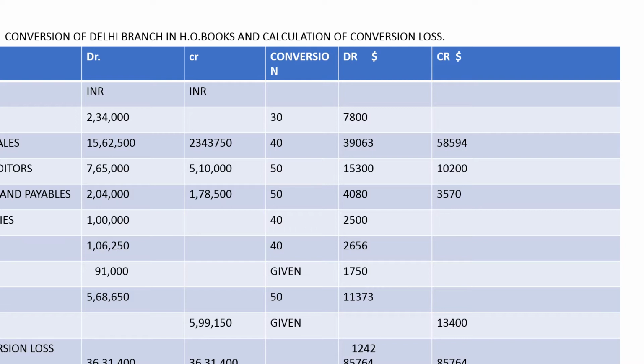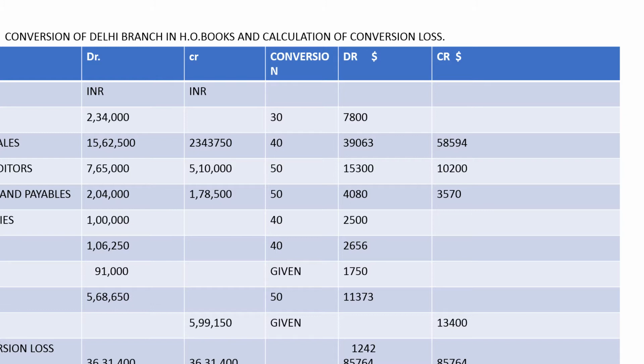Then comes debtors and creditors. Debtors are rupees 7,65,000 and creditors are 5,10,000. They are always converted at closing rate, that is 50. So at 50 rupees, 7,65,000 divided by 50 comes to 15,300 Australian dollars, and 5,10,000 divided by 50 comes to 10,200 Australian dollars.